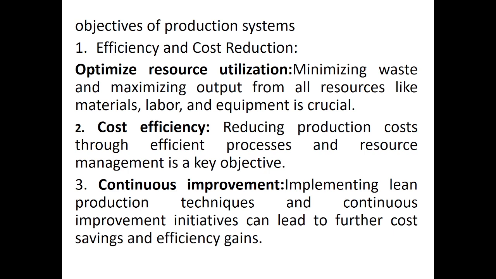Now, what is cost efficiency? Reducing production cost through efficient processes. Now, what does an efficient process mean? Efficient process means that at the management level, the executive management level, or HR level, every member of the board of directors or board of management of any company, or HR, needs to be very efficient through this process.